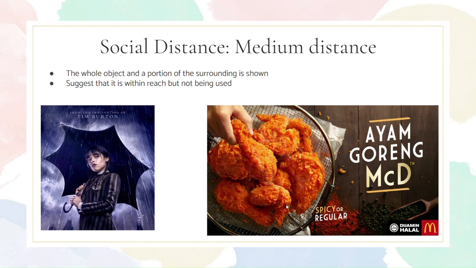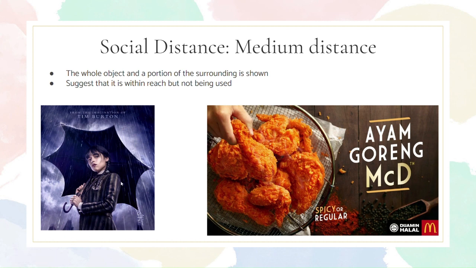So we have a poster from a TV series, Wednesday, where we actually see it from a medium distance. Her portrait is cut off from the waist down, which means that we can see her arms, and we can see a little bit of the background as well.